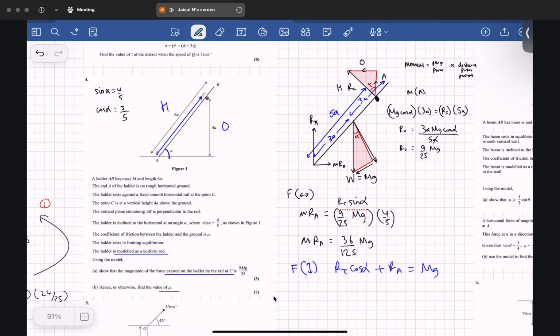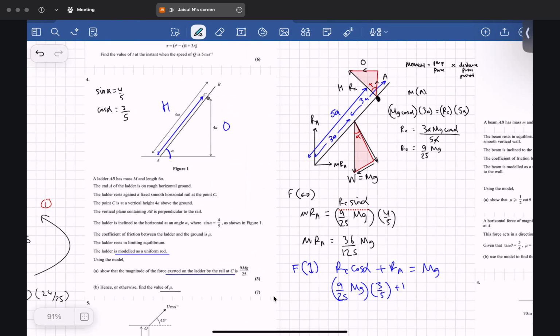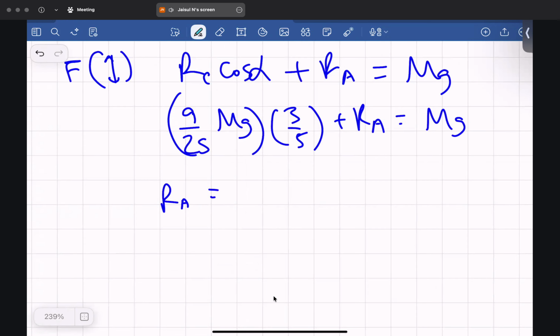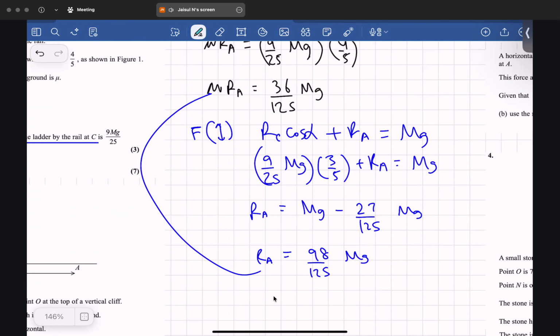Don't forget that in exams. So 9 over 25 mg times cos alpha, which is 3 over 5, plus RA equals mg. I'll just solve this. RA equals mg minus 27 over 125 mg, so RA equals 98 over 125 mg.